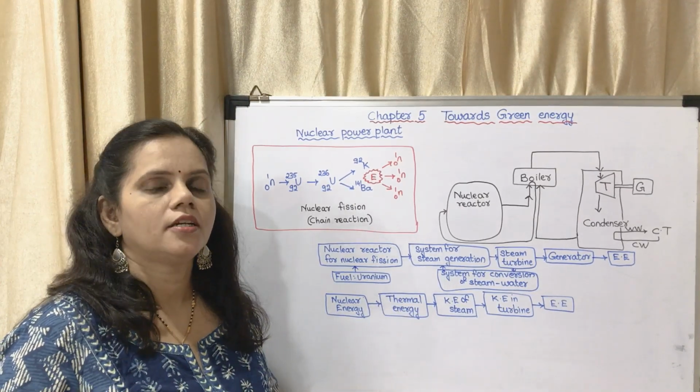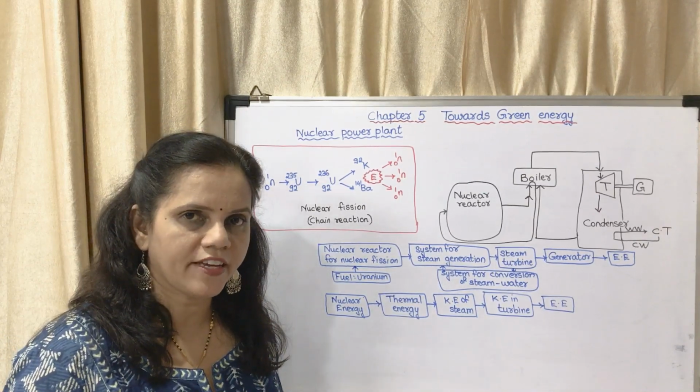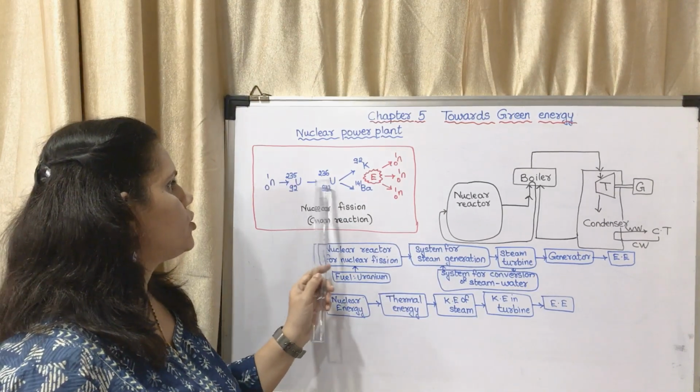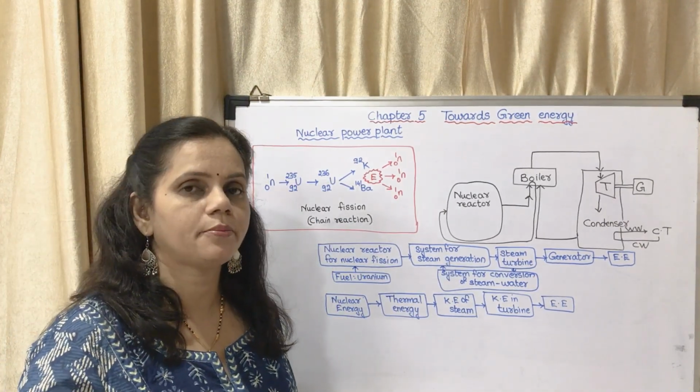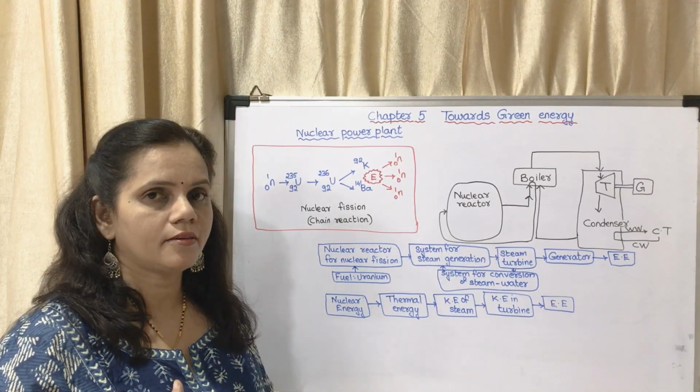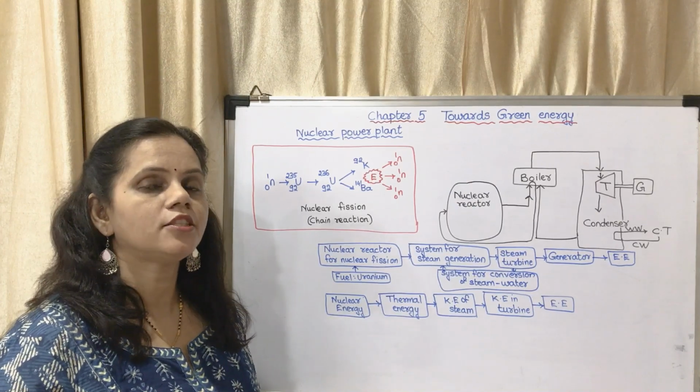I repeat, the neutron is made to collide with uranium 235. So one neutron is added, so it becomes 236. And after forming uranium 236, it breaks. That is said to be nuclear fission. Fission means breaking.